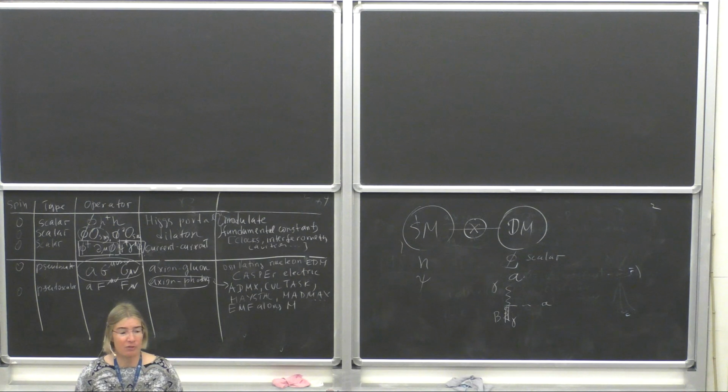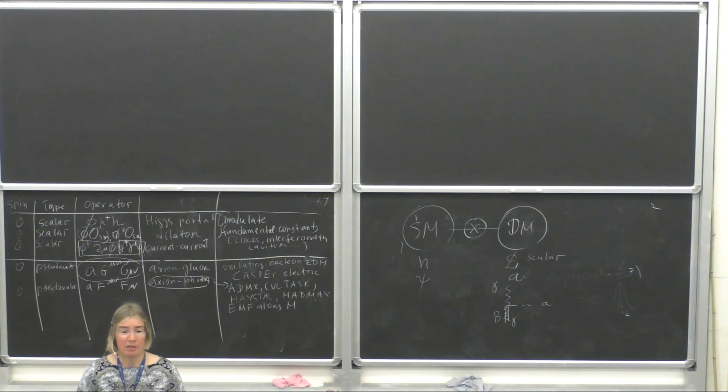So this is a very efficient way of getting energy out of the star. This is why this process is fairly constrained by various astrophysical observations of stars, and it will also affect supernova explosions. And this is called the Primakoff process.